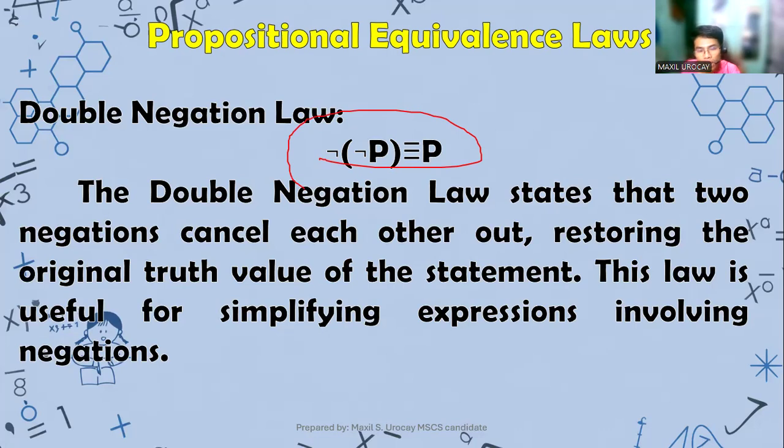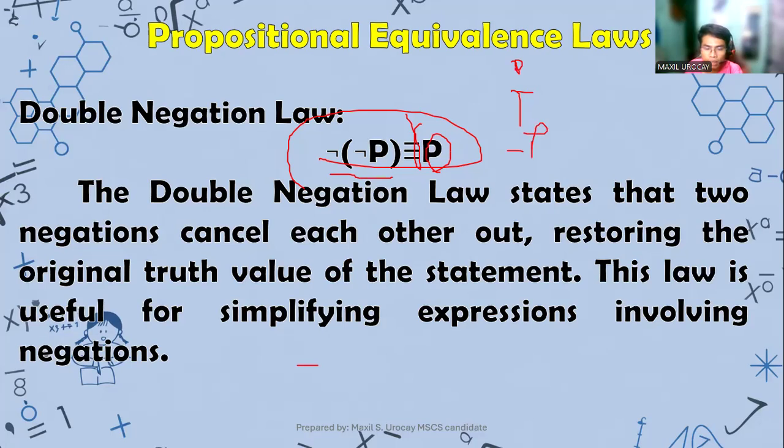If this is actually the not P, and not of the not P, so say for example, not of the not P will equate to the P. Say for example, if true is our P. Now what is the not P of that?